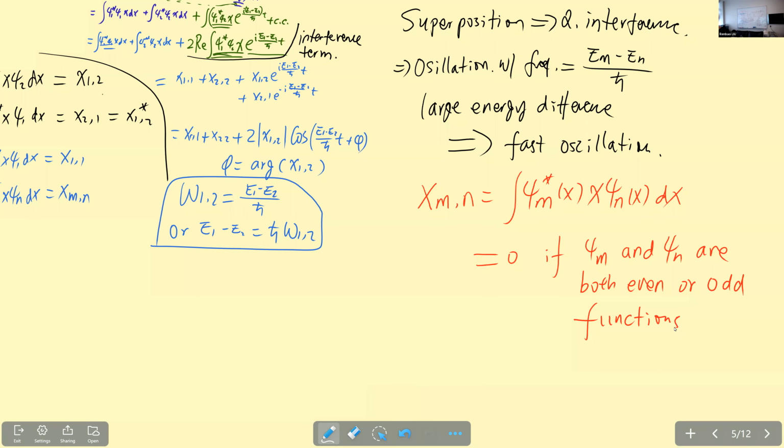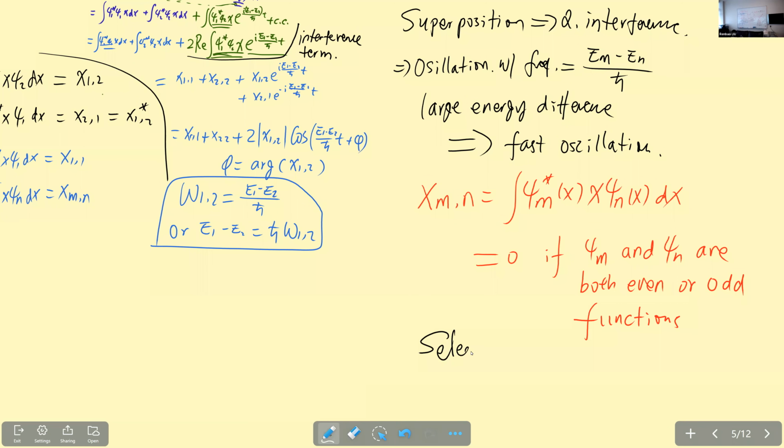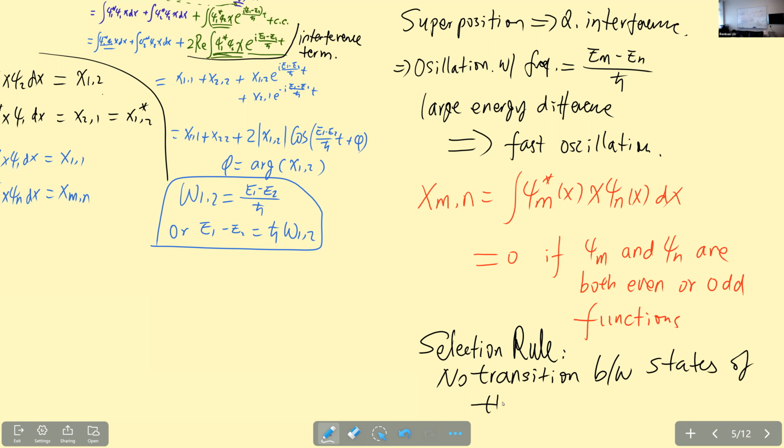So what does this mean? That gives us a selection rule: no transition between states of the same parity.